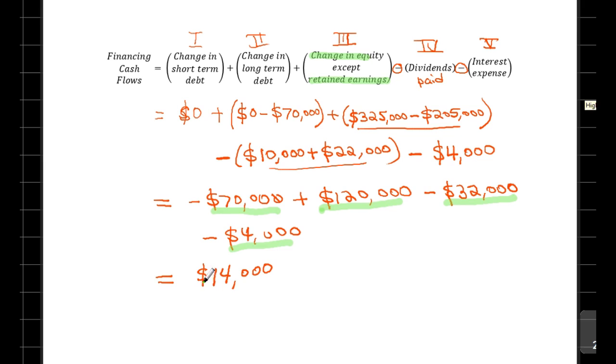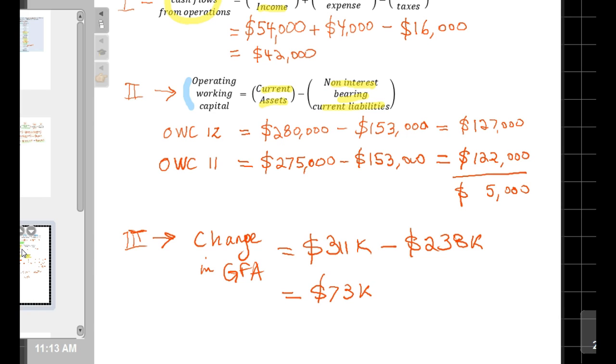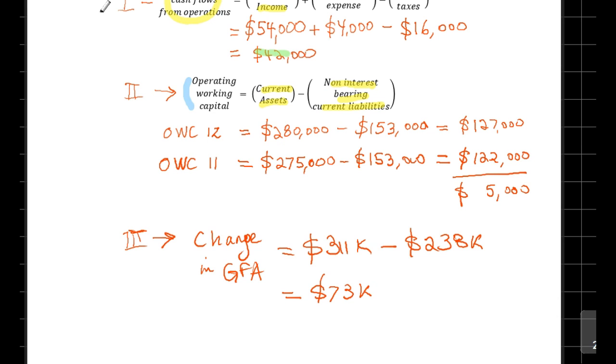However, here we scratch our head, because that figure was supposed to match what we found in our other calculation for free cash flows, and obviously that's not the case. Our free cash flow came out as $42,000, whereas financing cash flows currently is $16,000.